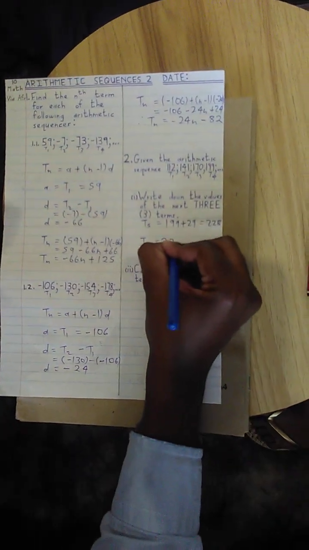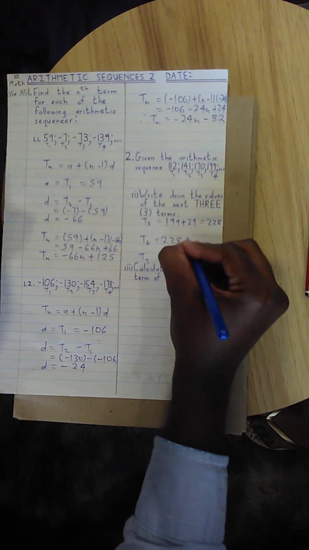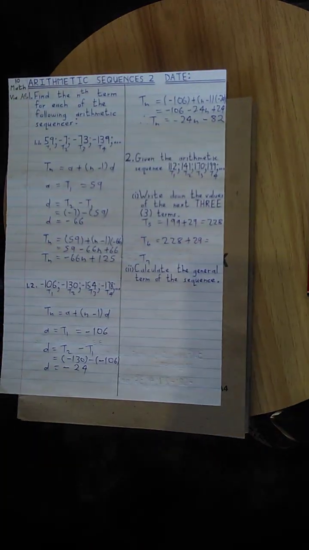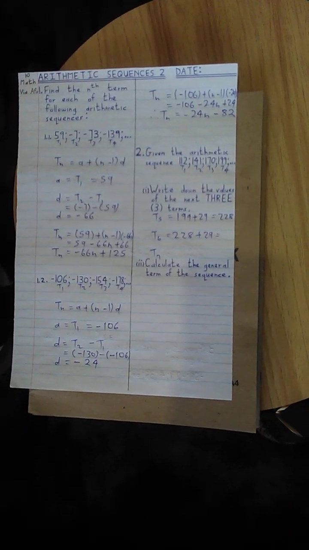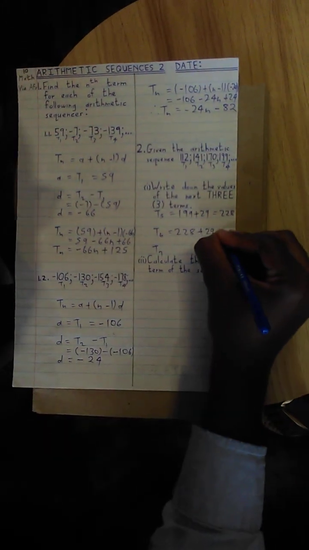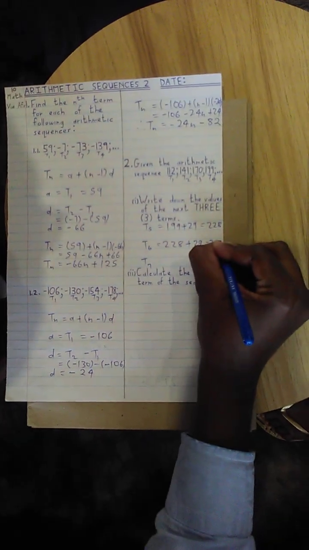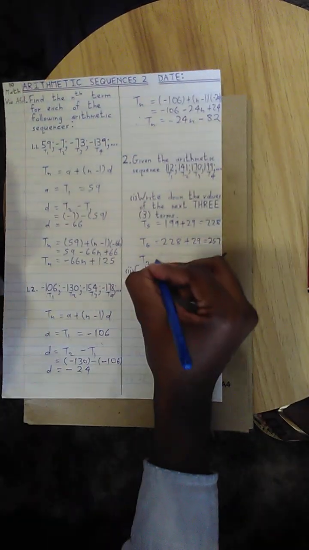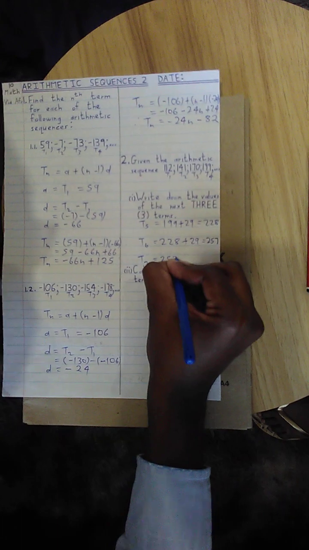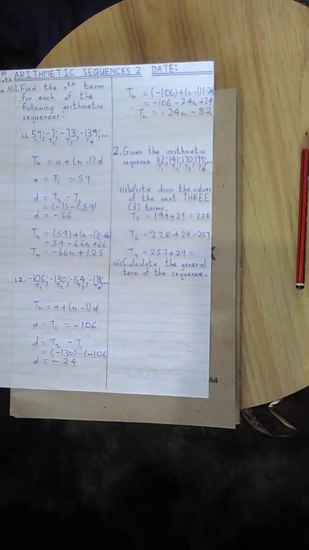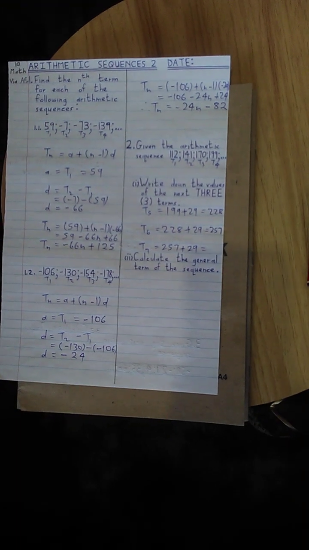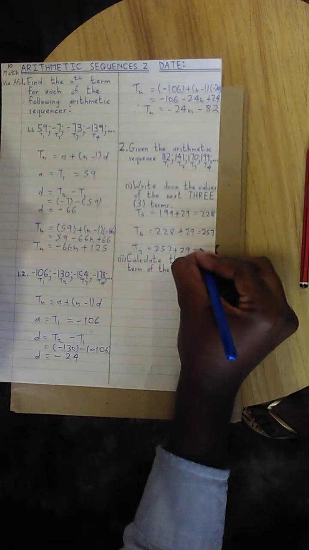T6 is 228 plus 29, which is 257. So T7 is 257 plus 29, which is 286.